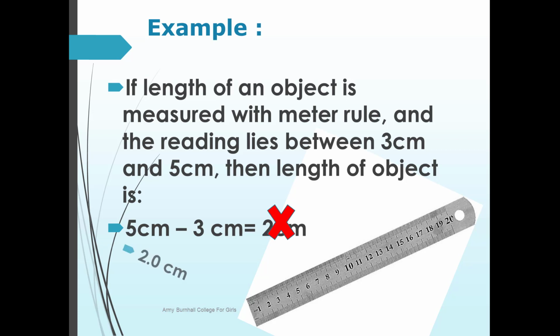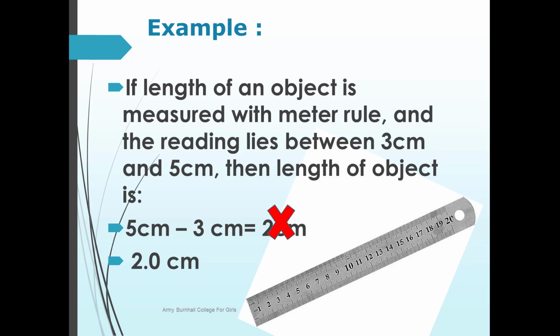We have to write it as 2.0 centimeter, because we are measuring this value with meter rule and it has the least count of 0.1 centimeter. So we have to use one digit after the decimal, which shows its precision. So the correct way of writing the reading taken from meter rule is 2.0 centimeter, not just 2 centimeter.